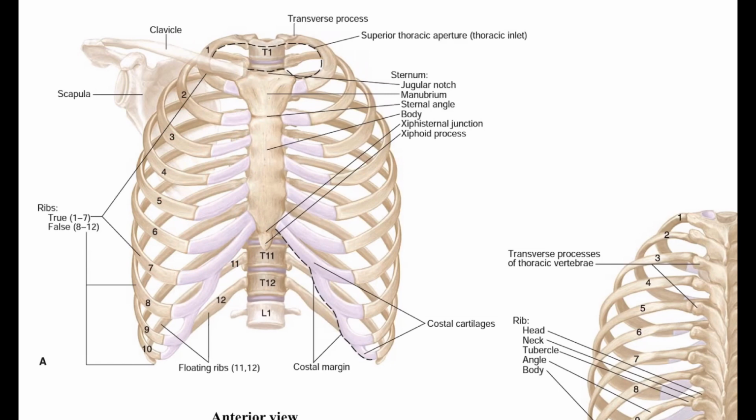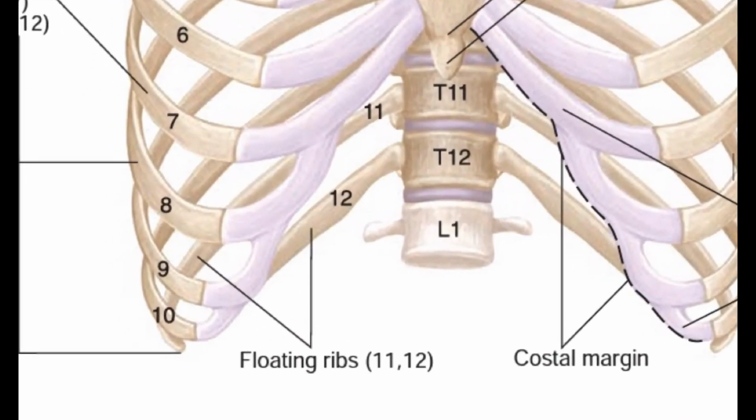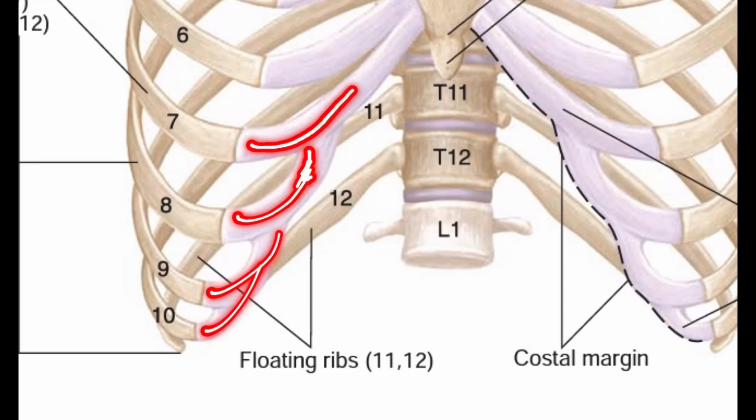The 8th, 9th and 10th cartilages, at their anterior ends, are connected with the lower border of the cartilage above. That means the 7th rib cartilage. So there is a gradual decrease in length.